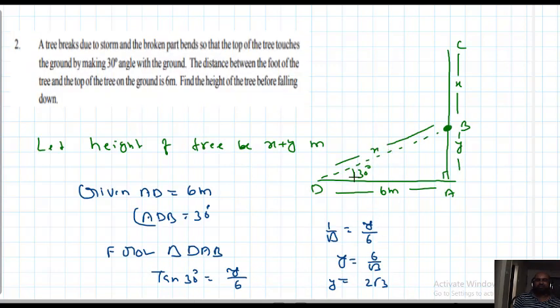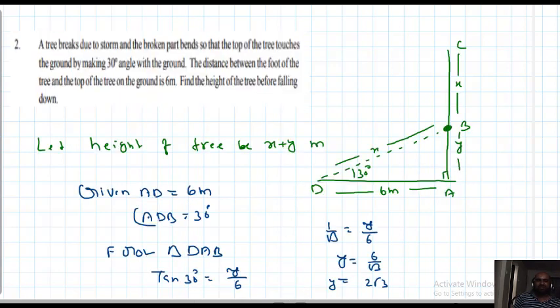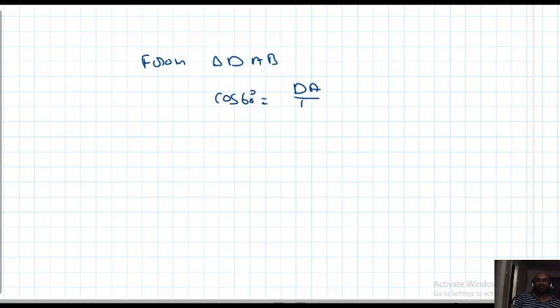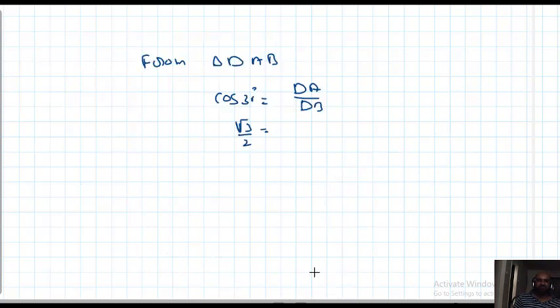what do you want next? You want x. x wants adjacent side over hypotenuse. I will take cos 30, sorry, I wrote it wrong here, it is 30. cos 30 degrees, root 3 by 2, equals DA by DB, which is 6 by x.